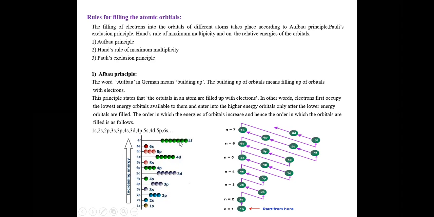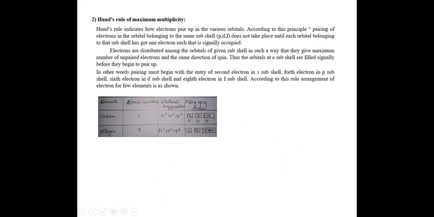In this way, we have to fill the orbitals with the electrons, in the order of lower energy orbitals to the higher energy orbitals. This is about the Aufbau principle.